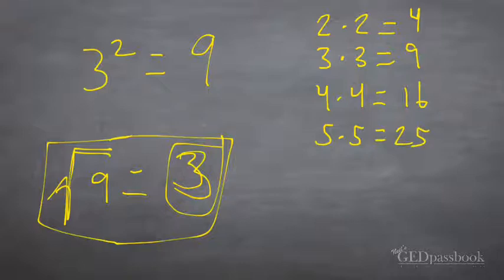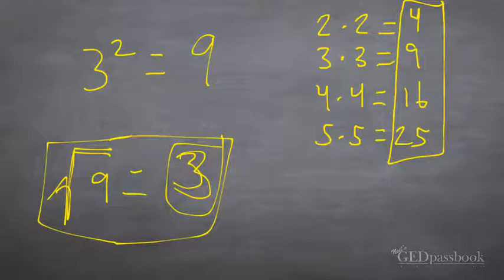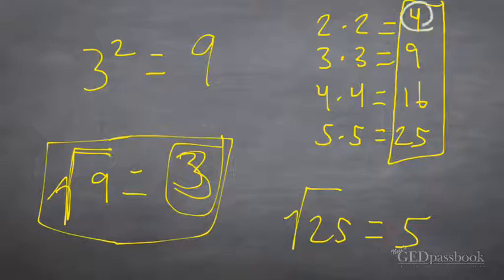So if you notice, these numbers are the perfect squares. So if you were to ever be given a problem like this, what is the square root of 25? What is it? 5. So, if you notice, these are the perfect squares for these numbers.